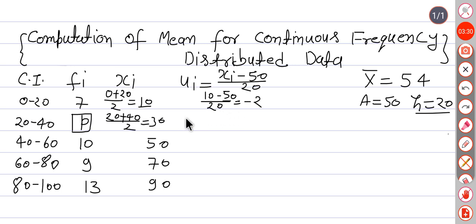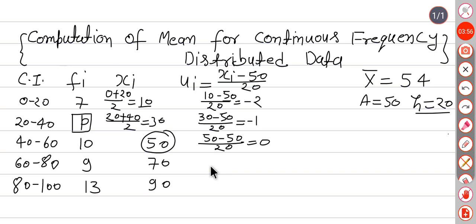The same way 30 minus 50 upon 20 will come to minus 1. Here 50 is the assumed mean, so 50 minus 50 upon 20 would be 0, and the others would be 1 and 2.